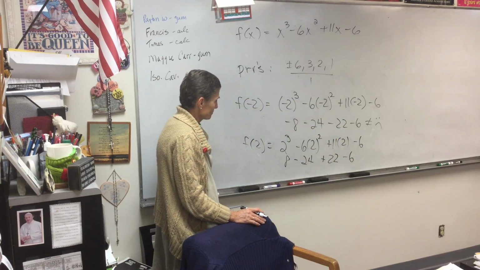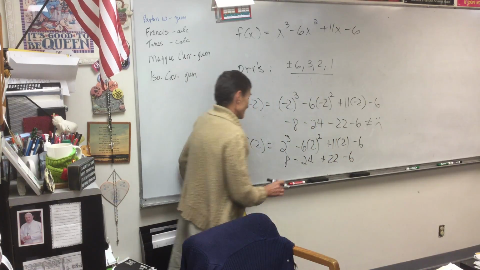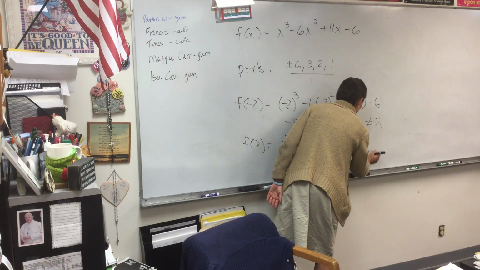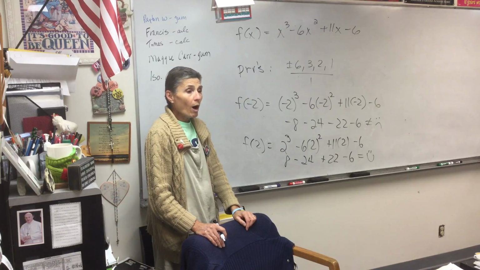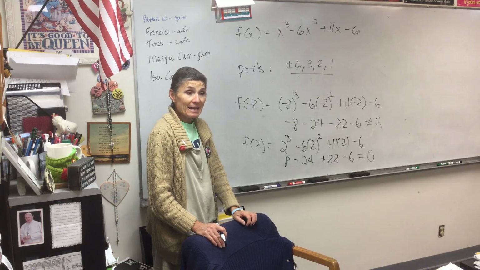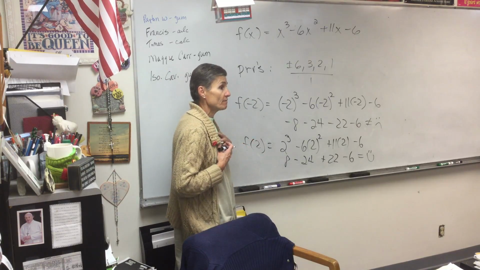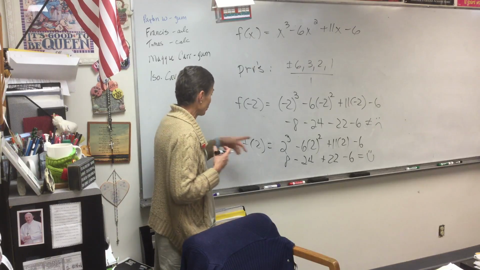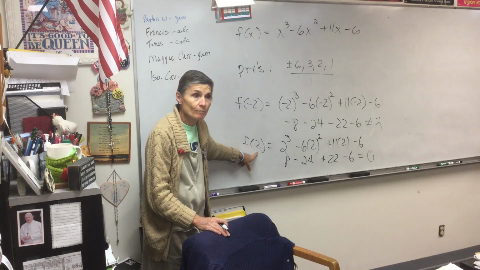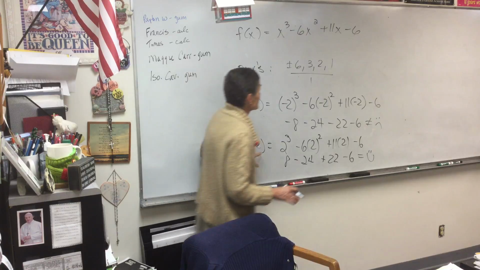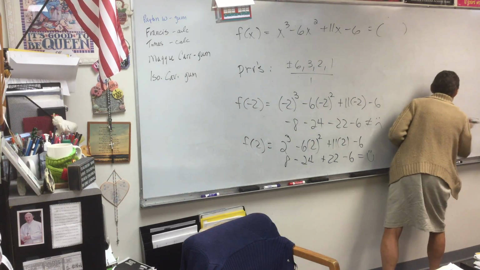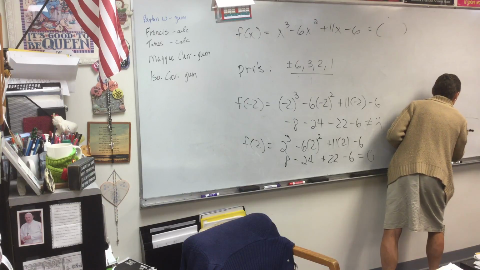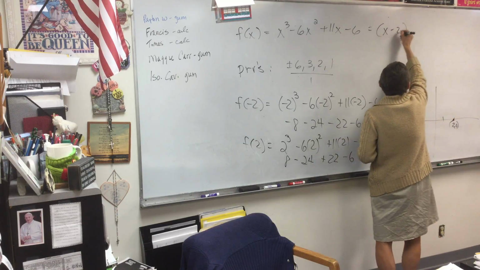That equals 0. So one of my answers, one of the dots on my picture, is going to be at 2, which means my factor is what? If the dot's going to be at 2, where's my factor? X minus 2.